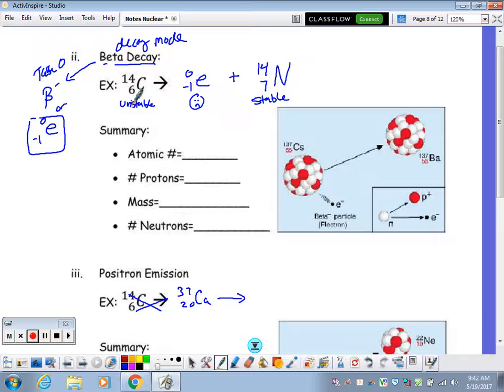Notice, going from your original atomic number to the new atomic number, it increases by 1. Therefore, the number of protons in the nucleus must increase by 1. Notice that the mass did not change, so it remains the same.